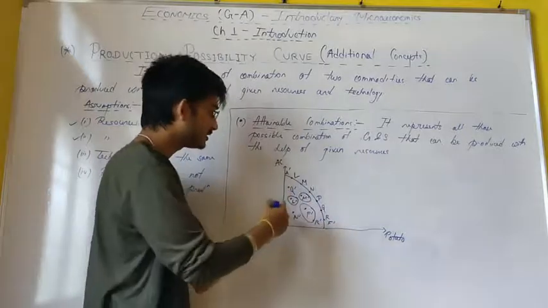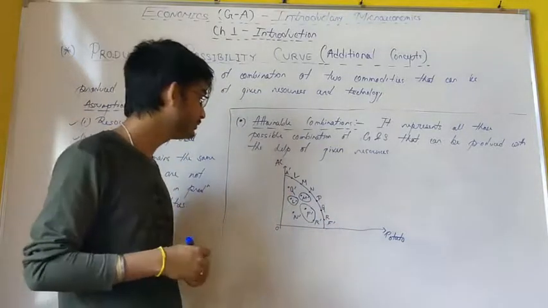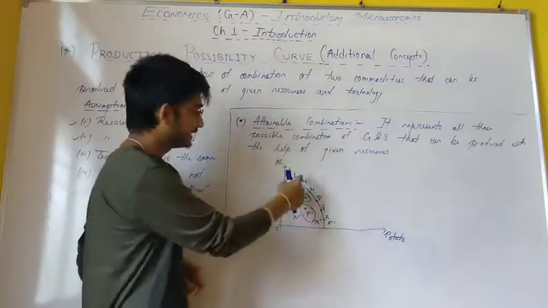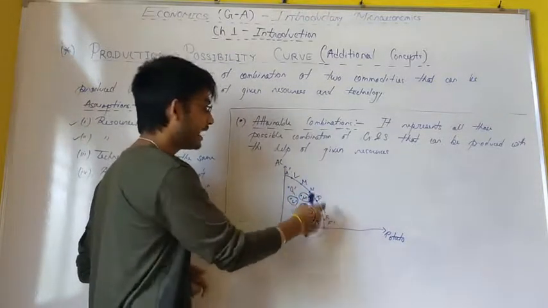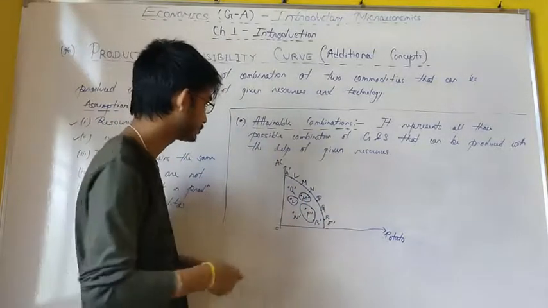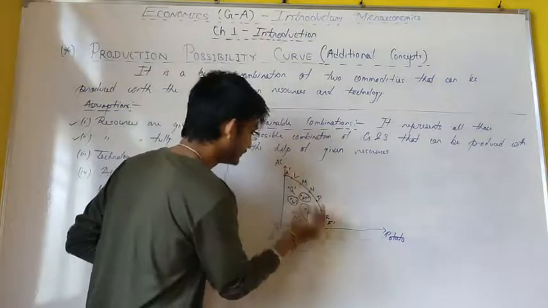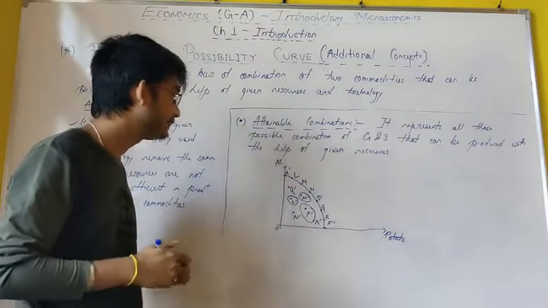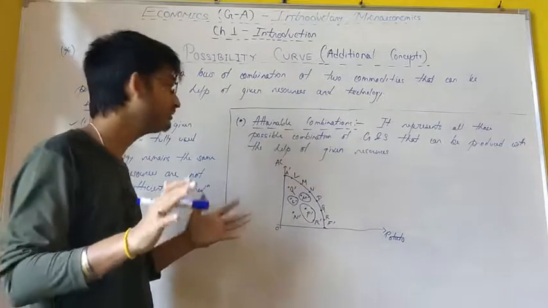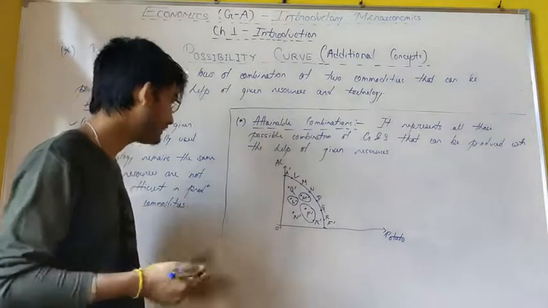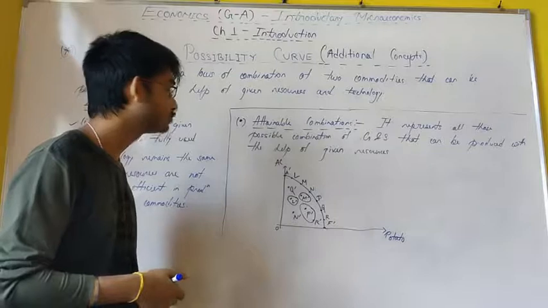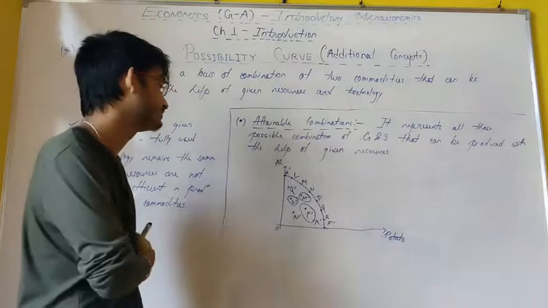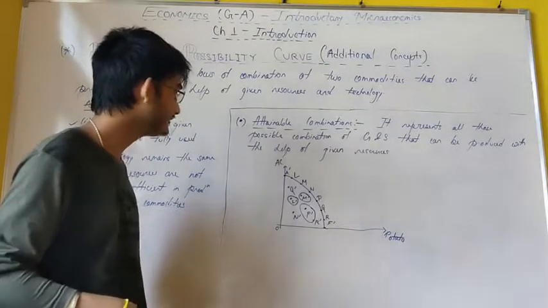In these combinations, resources are not getting fully utilized, but all those points which are lying on the PPC, like L, M, N, P, Q, R, A dash, F dash points also. This is the A dash point, this is the F dash point. So all those points lying on the PPC represent full utilization of resources. But any point inside the PPC is showing the suboptimal combination of points. That means in these points resources are not fully getting utilized.